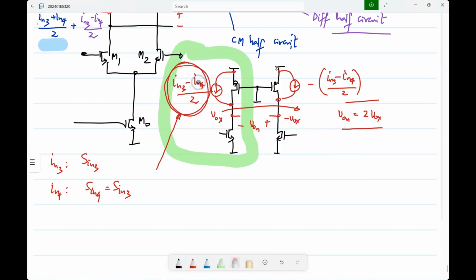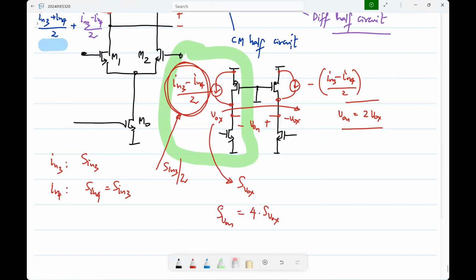So it will be 2 times SIN3 but divided by 2 square. Okay. So this has a spectral density of SIN3 by 2. Now you do the analysis with this, and Vox has some spectral density SVOX. Okay. So what is the spectral density of VON? 4 times what? SVOX, because you are doubling the voltage.